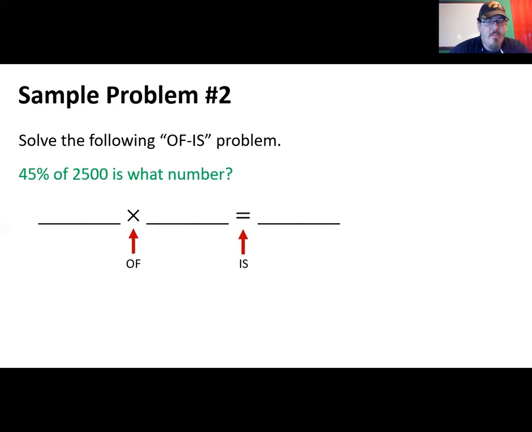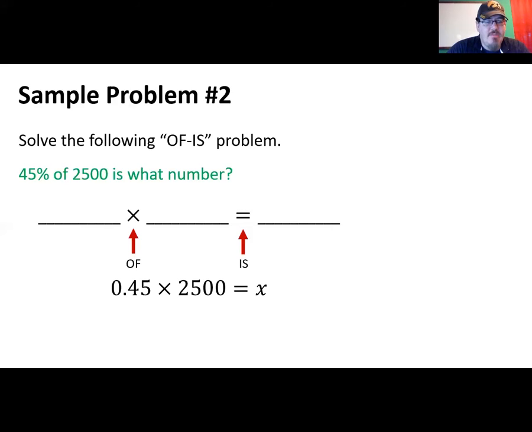Now, again, the key thing to remember in problems like this is when you are dealing with a percent, in order to actually do the math with the percent, you have to convert it to another form, either a decimal or a fraction. Typically, it's easy just to convert a percent into a decimal. So that's what I've done here. Instead of 45%, we've got 0.45.